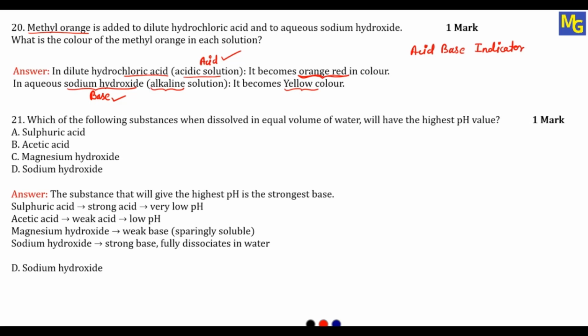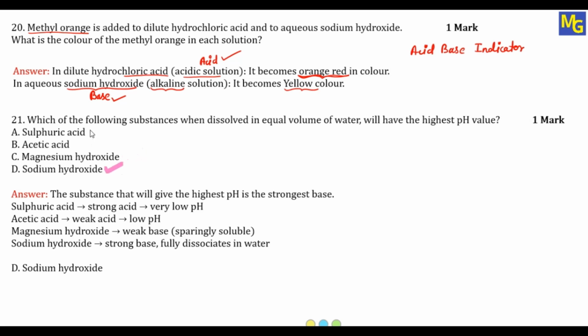Now we will move on to question number 21. Which of the following substances when dissolved in equal volume of water will have the highest pH value? Here they have given sulfuric acid, acetic acid, magnesium hydroxide and sodium hydroxide.